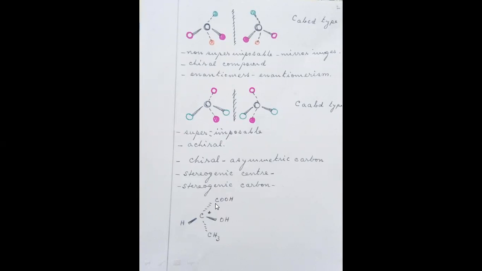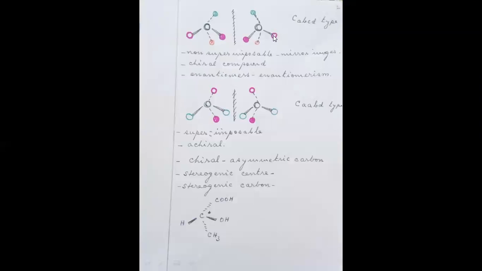It is C3O3H6 for this and C3O3H6 for this also. So the molecular formula is the same, the melting point is the same, the boiling point is the same, the density is the same, and the refractive index is also the same.